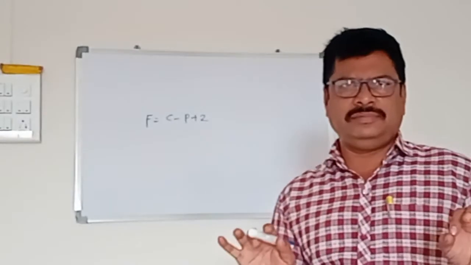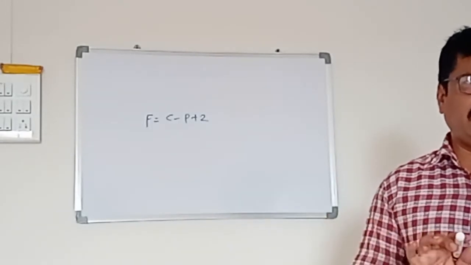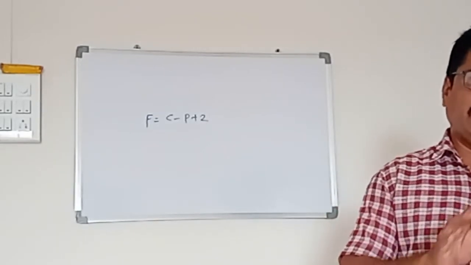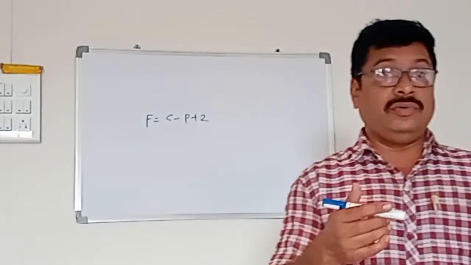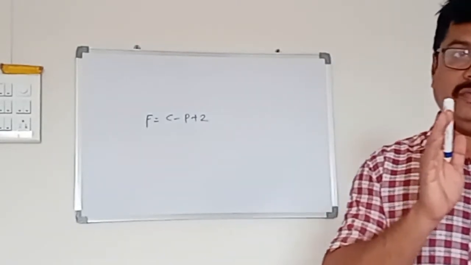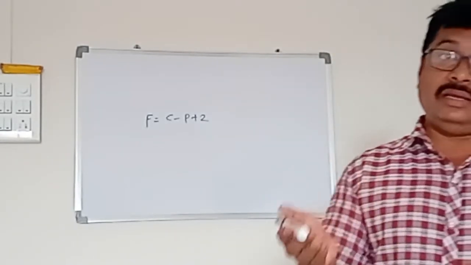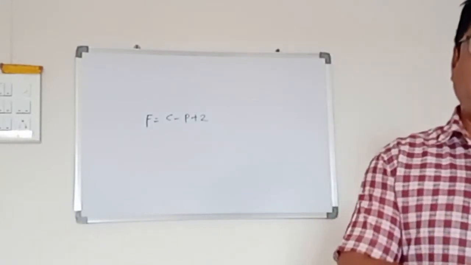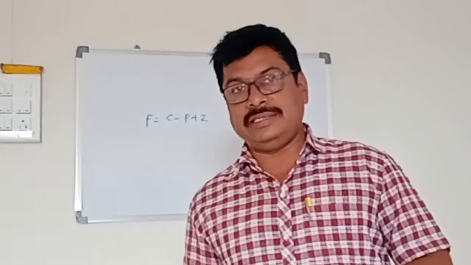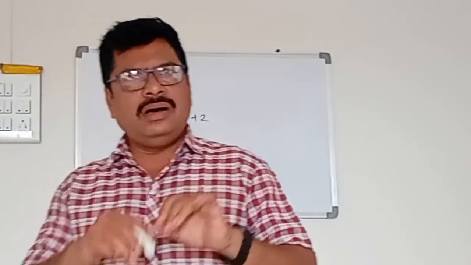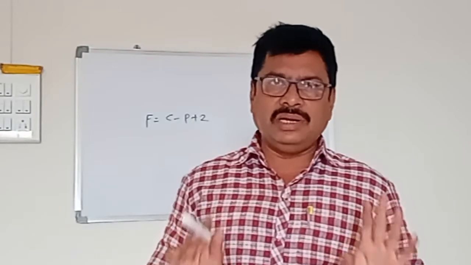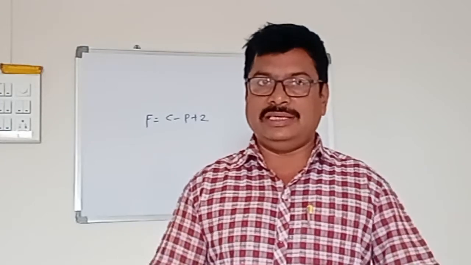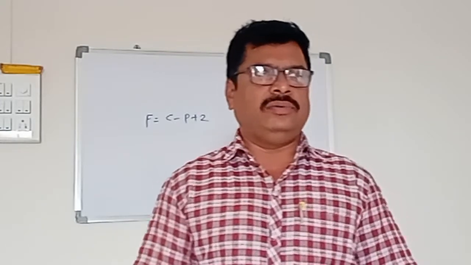Simple chemical equation, as in a chemical reaction: reactants, arrow, products. In the same manner, the phase whose composition you have to express, the formula for that phase on LHS, and the other chemical constituents necessary to express this phase are written on the right hand side. This is the first rule. All this idea of component will become clear as we progress ahead by taking a number of examples. We will see the examples later on.